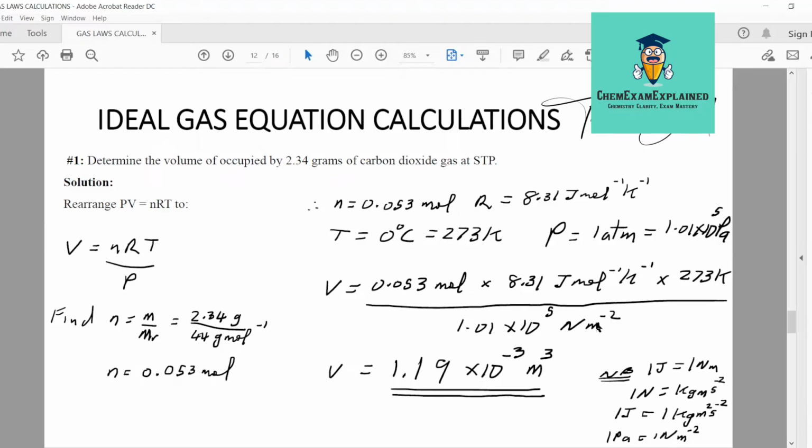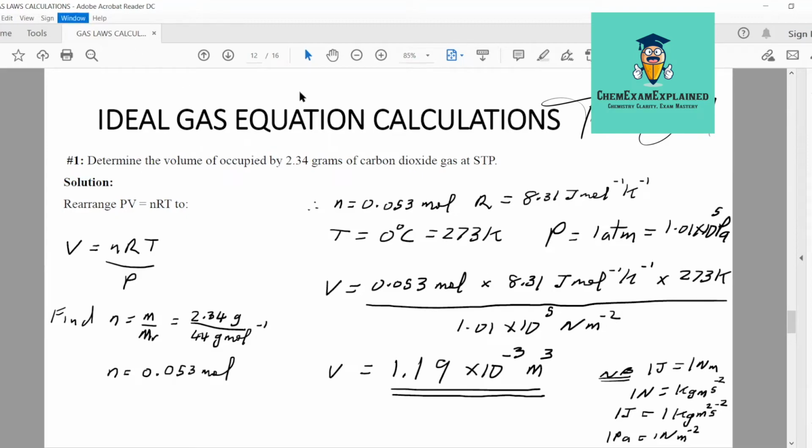Now, you would recall that Newton is kilogram meter per second squared, but I have per meter squared here. So if I should write out the unit for this part, because remember now, we removed moles and Kelvin, I have joules over Newton per meter squared.